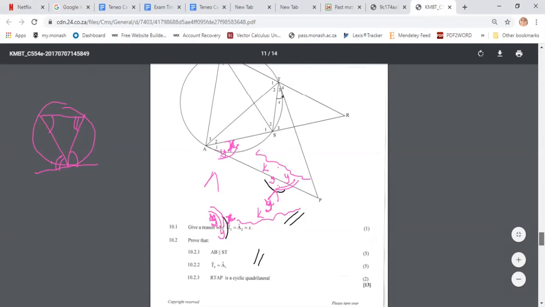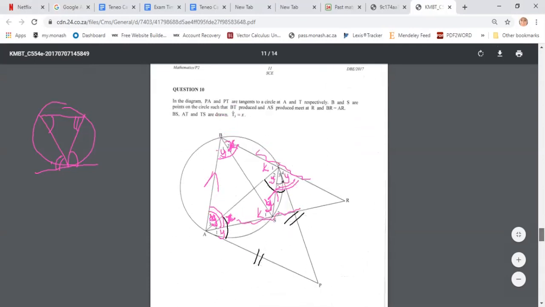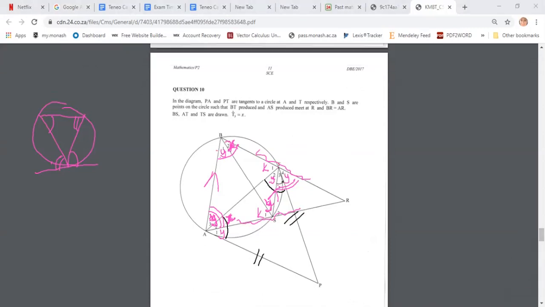Okay. What else did they ask? They said, prove that RTAP is a cyclic quad. Well, what do we know about a cyclic quad? We know that the opposite angles are supplementary.